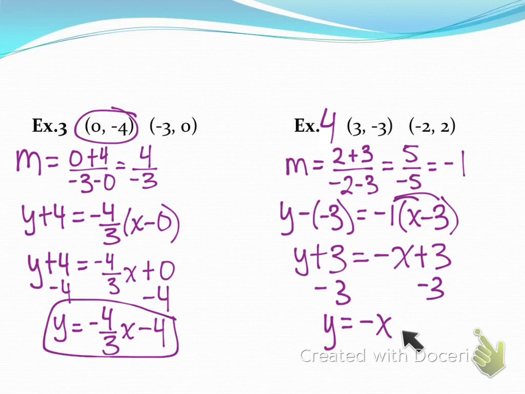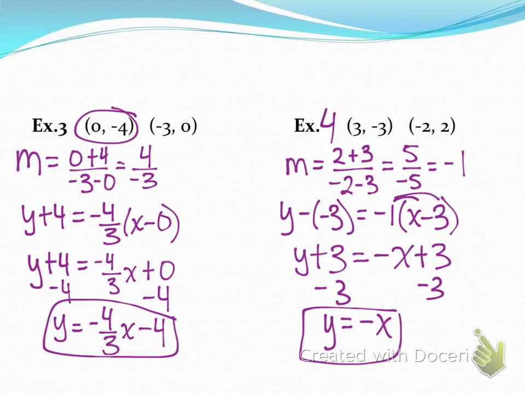Do I need to put plus 0? Nope, so I can just leave it there. If you put the plus 0, it's not wrong. If you put a 1 in front of the x, like a negative 1, that's also okay. But usually we would just see it written y equals negative x. Questions on that one?